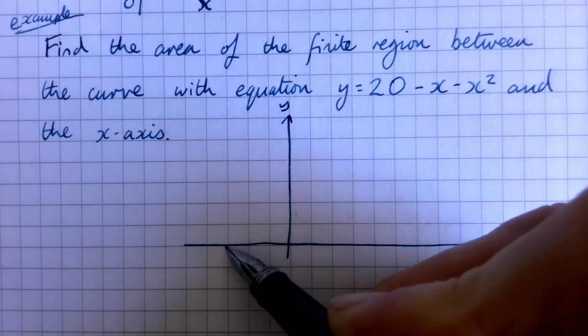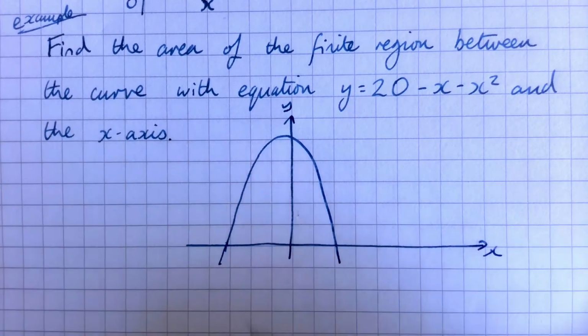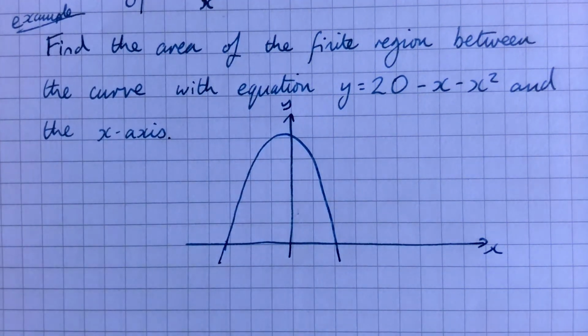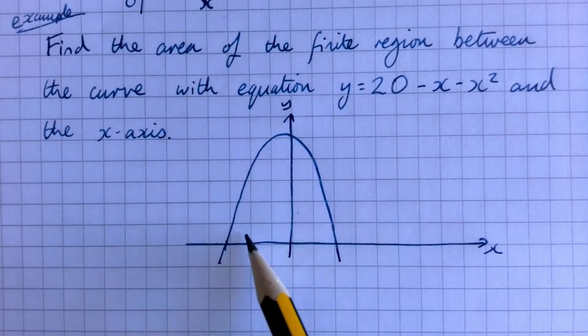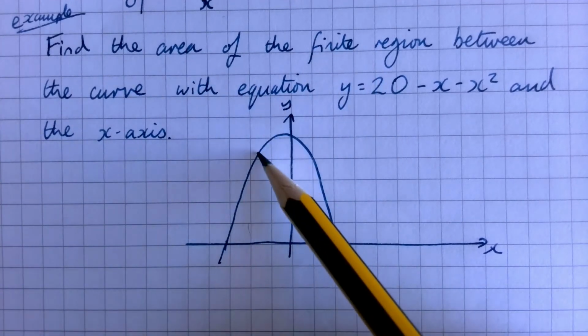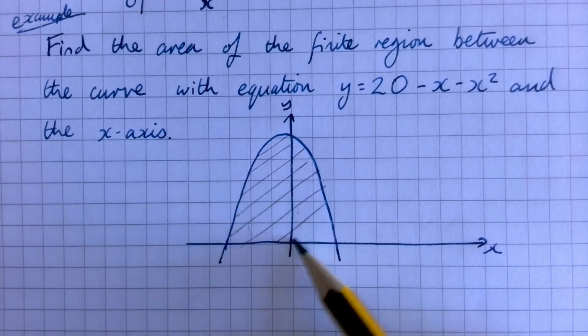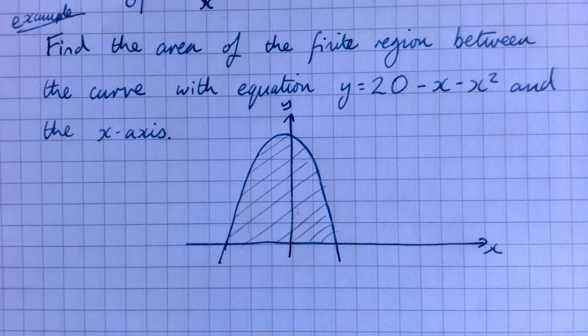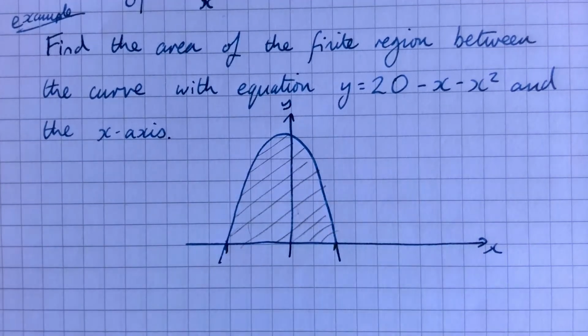So just to imagine what's going on, if we make a little sketch of that now, we have got something like that, and what we're trying to do is find the area between the curve and the x-axis. So we're looking at the positive area, all the area that is above here. Now before we can do this, we need to know what that value is there and that value is there.